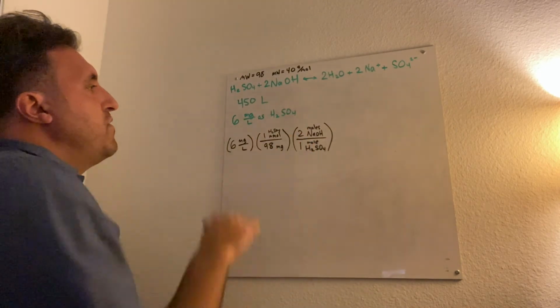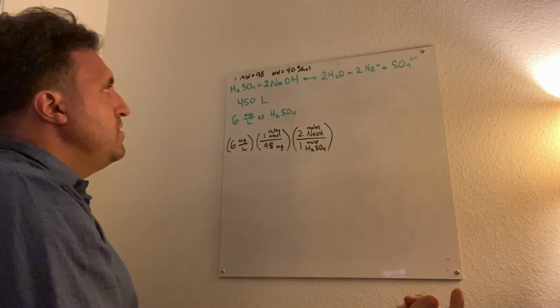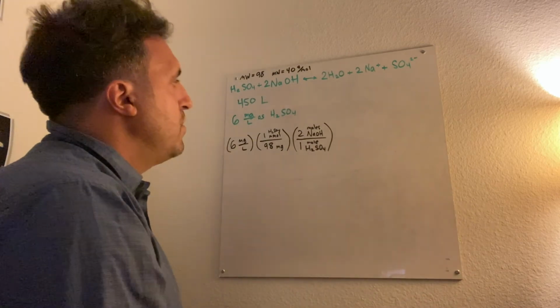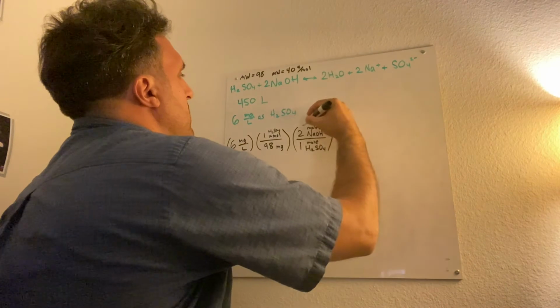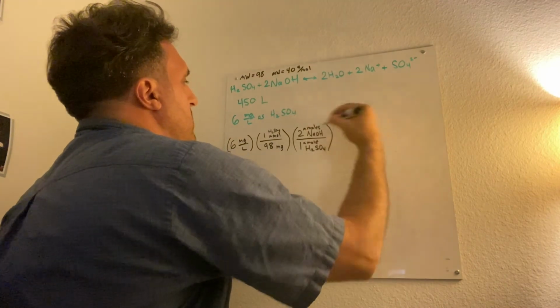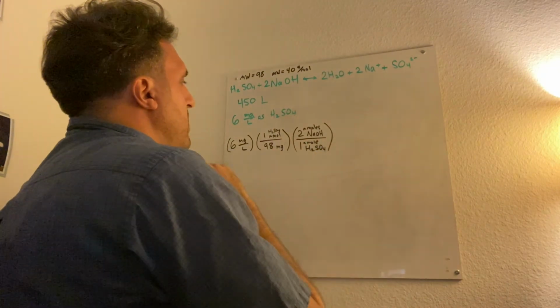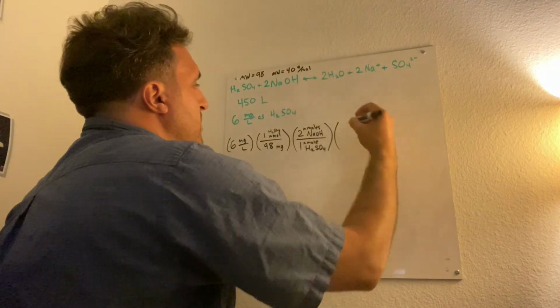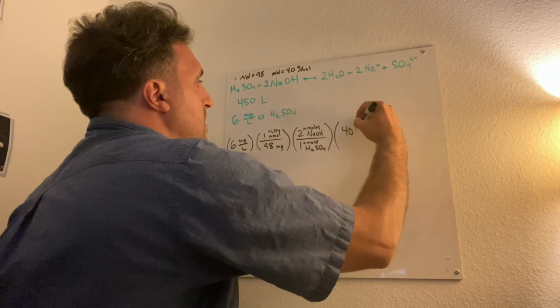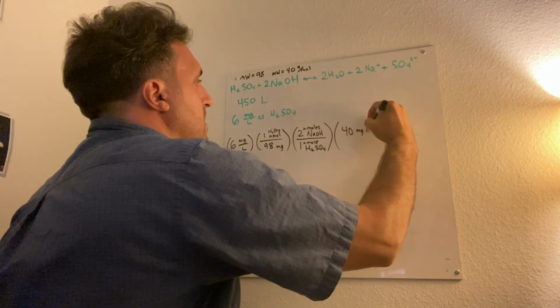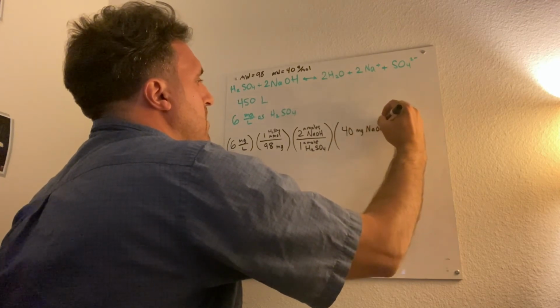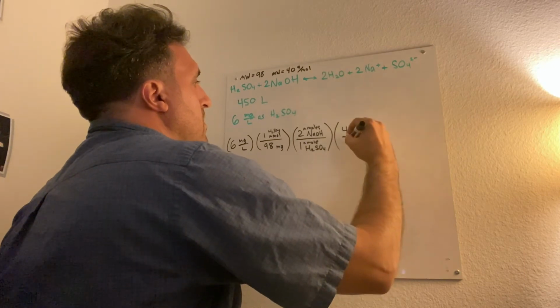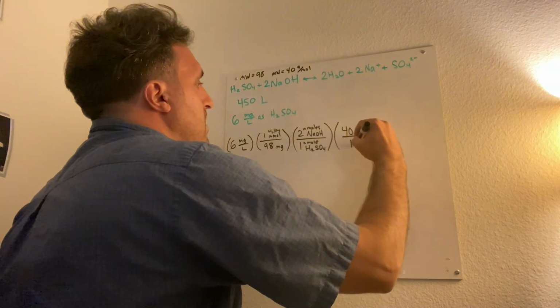Next, we need to convert from moles of NaOH into grams of NaOH, or milligrams. So this is actually millimoles to millimole. And the molecular weight is 40, so we have 40 milligrams NaOH to 1 millimole.